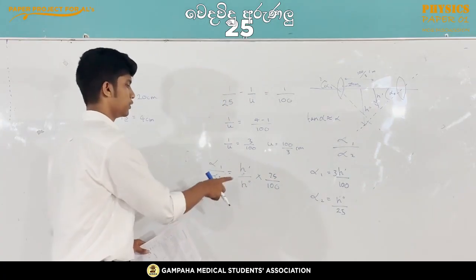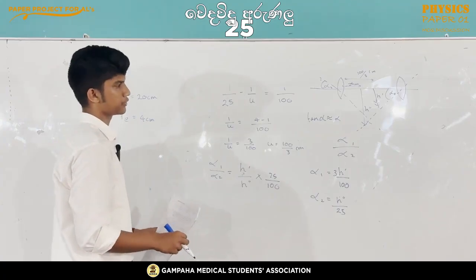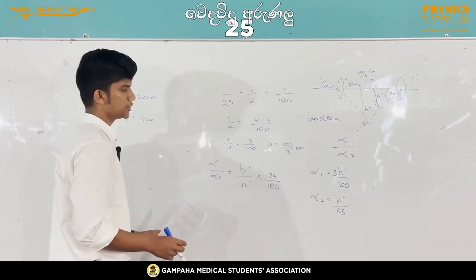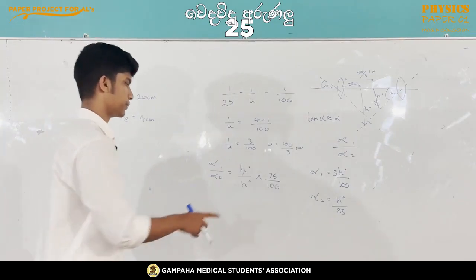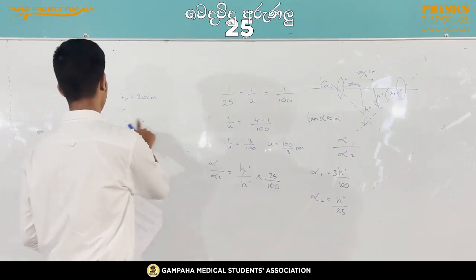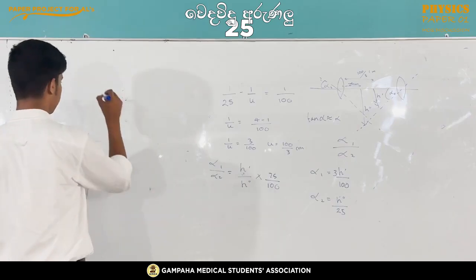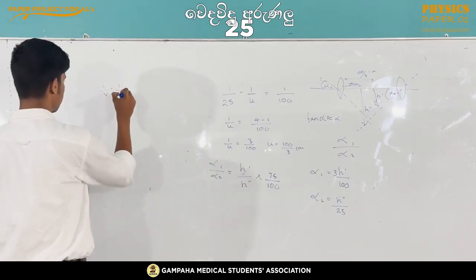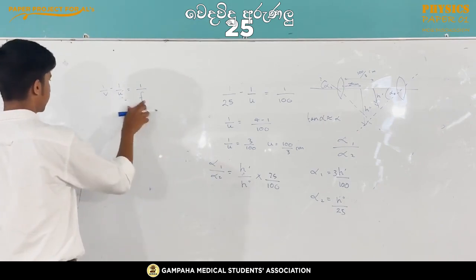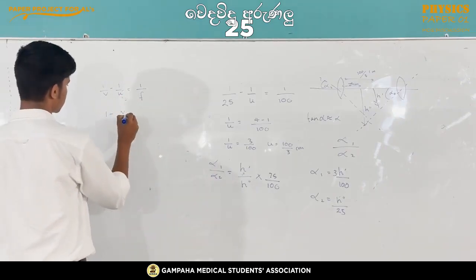So to get the value of h dash over h double dash, we can use the linear magnification of the two lenses separately by applying the lens equation for the two lenses, and then obtain an expression for h dash over h double dash. So for that, first we can apply 1 over v minus 1 over u. Here we can multiply the entire expression by v.